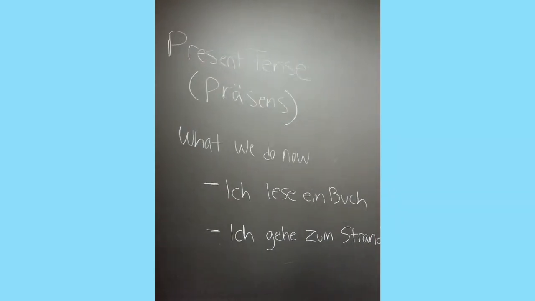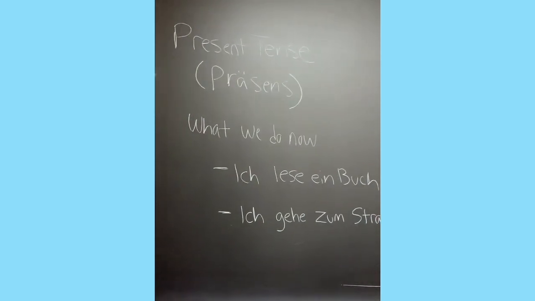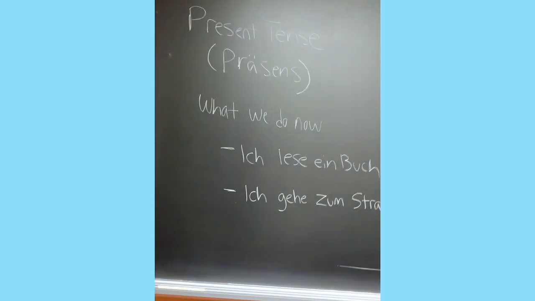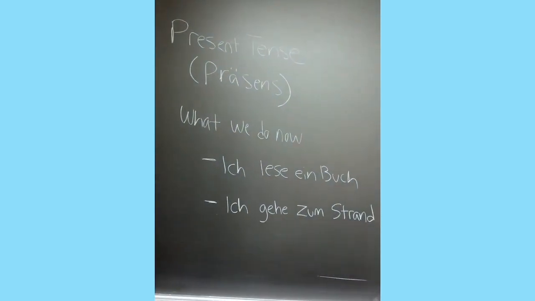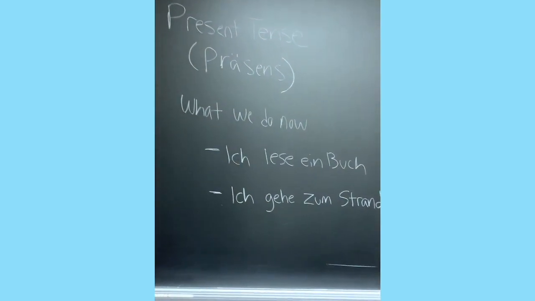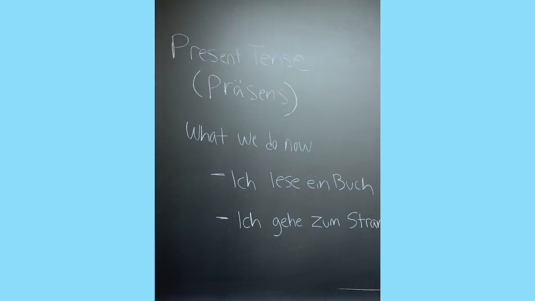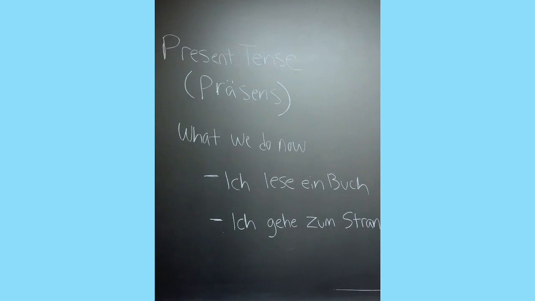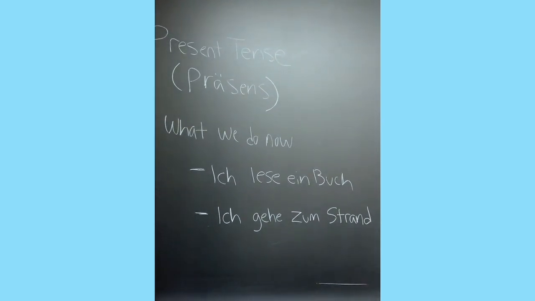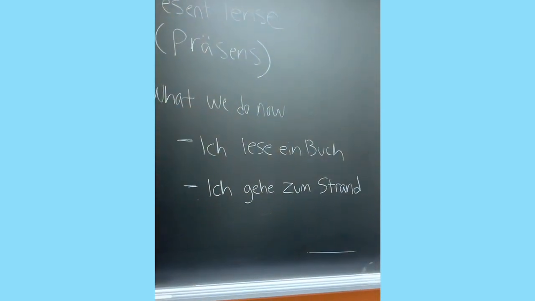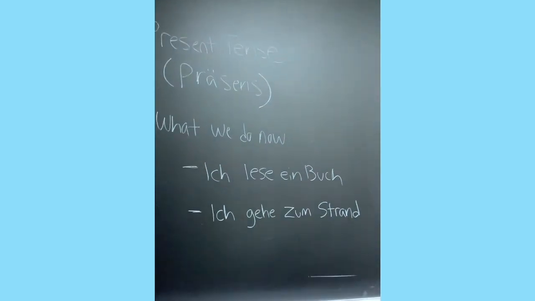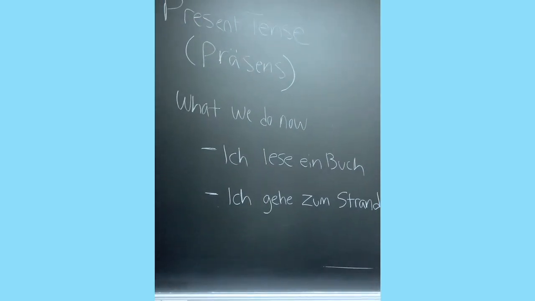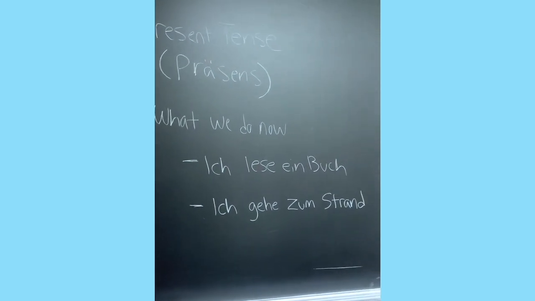Okay, zuerst fangen wir mit der Gegenwart an. So first we start with the present. And this is the present tense. In German it's called the Präsens. The present tense is what we do now, what we are doing in the present. So for example, ich lese ein Buch.